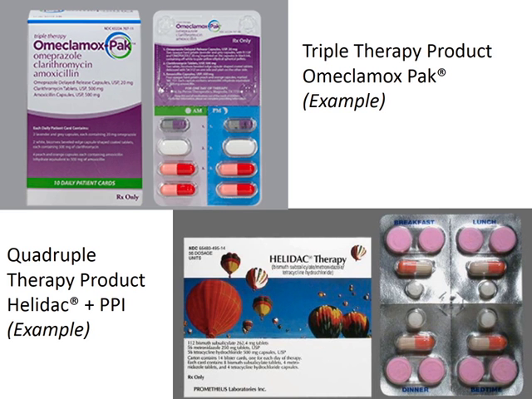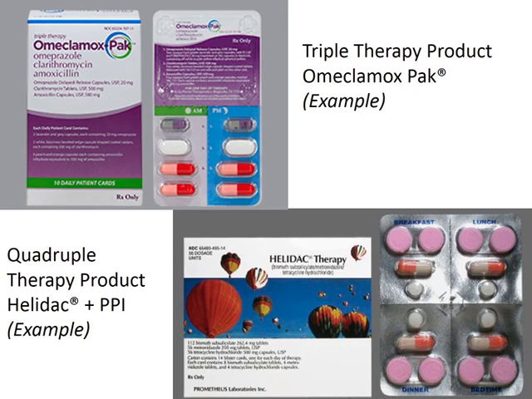These are just some examples. You don't have to memorize these, but I just wanted to give you a feel for what these regimens might look like. So to the top left, you see the Omeclamox pack, and this, as you can see, is a box. It would contain patient cards, and so there is a card for each day of therapy.